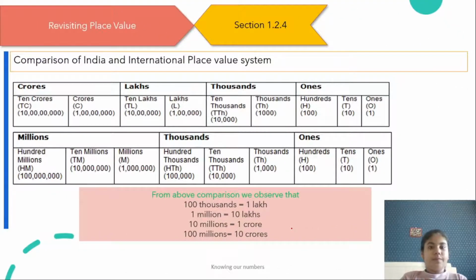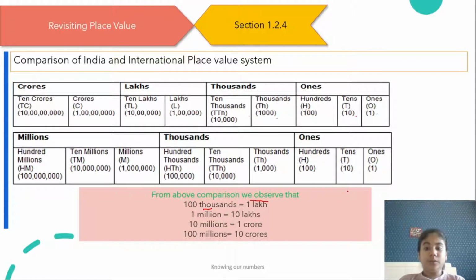Now we will see the comparison between the international and Indian place value charts. As you see here, 100,000 equals 1 lakh. How did we reach here? Let's start counting from the Indian place value chart. We have 1, 2, 3, 4, 5, 6. So we have counted 6 units.